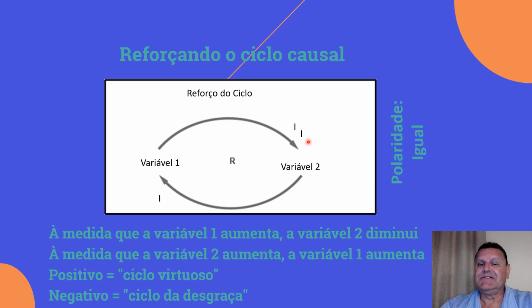So the polarity is the same. It's the same. It's the same. As variable 1 increases, variable 2 increases. As variable 2 increases, variable 1 increases. So this is an example of, for instance, interest. If you left all of your money in the bank and got unimaginable 8% interest every year, eventually your money will simply continue to grow and grow and grow. A reinforcing loop is a very common thing in social systems.